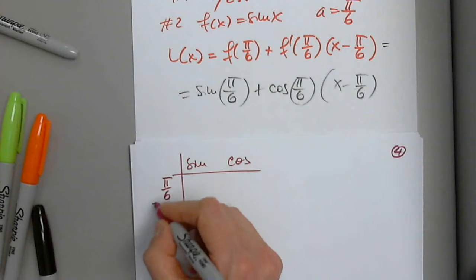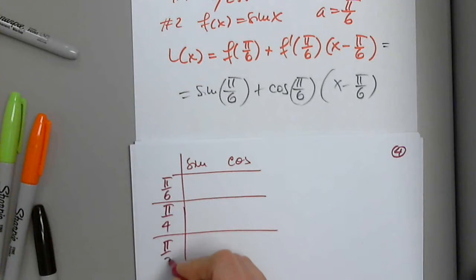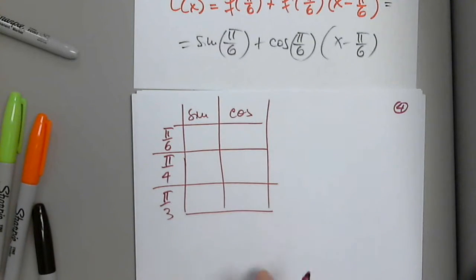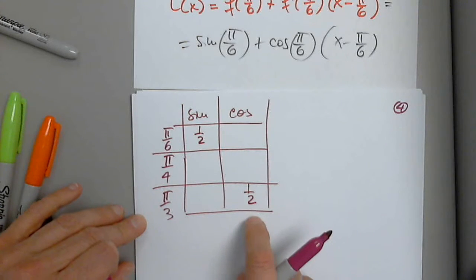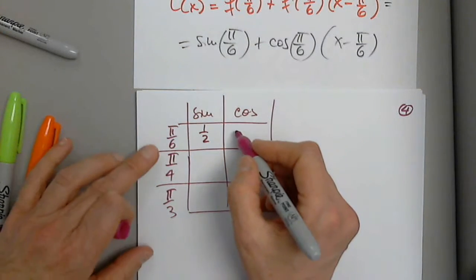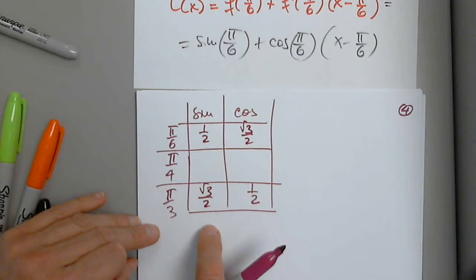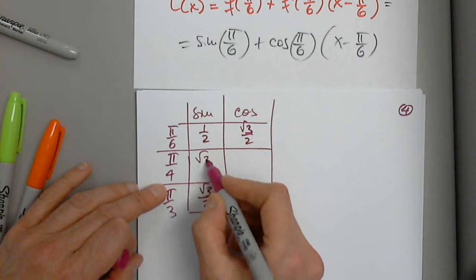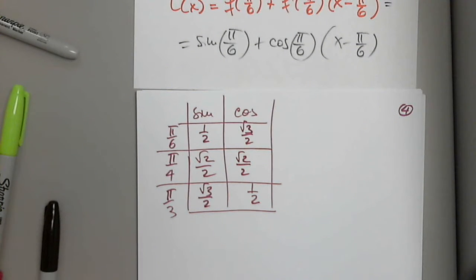We have pi over 6, the smallest, pi over 4, the middle one, and pi over 3, the larger one. You do not need to memorize anything else but what I'm showing you here. Sine is 1/2, and so is cosine for pi over 3. Cosine for pi over 6 is the square root of 3 over 2, and so is sine for pi over 3. So these are reversed. And this is the only angle that has the same. That's really all you need to remember.